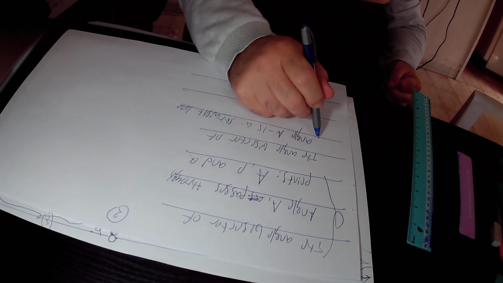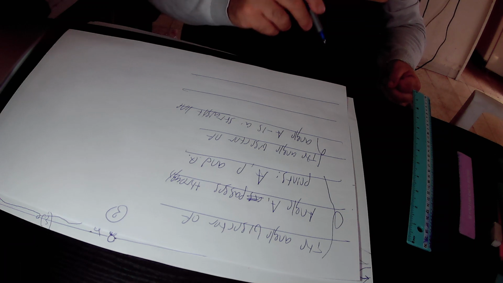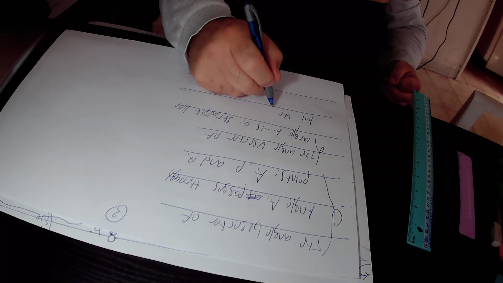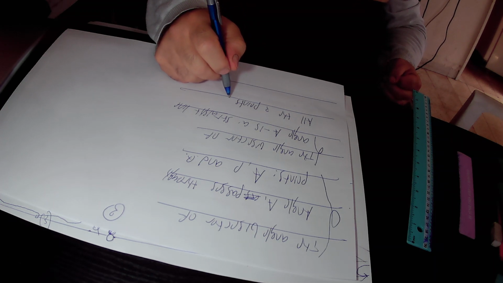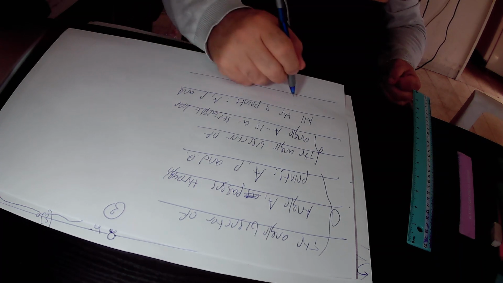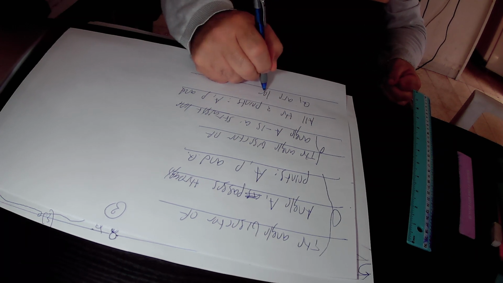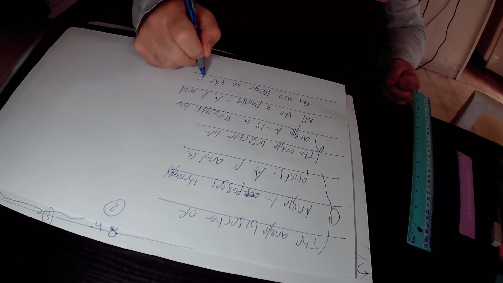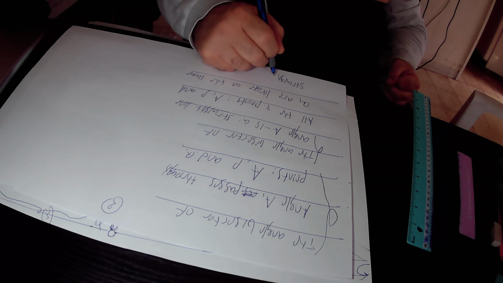Or we can write down in conclusion that all the 3 points A, P, and Q are located on the same straight line.